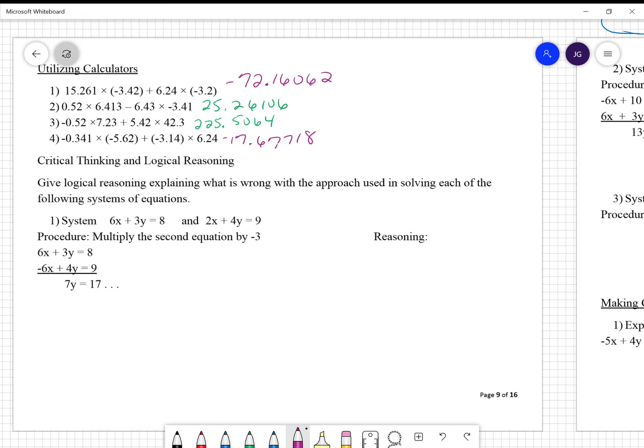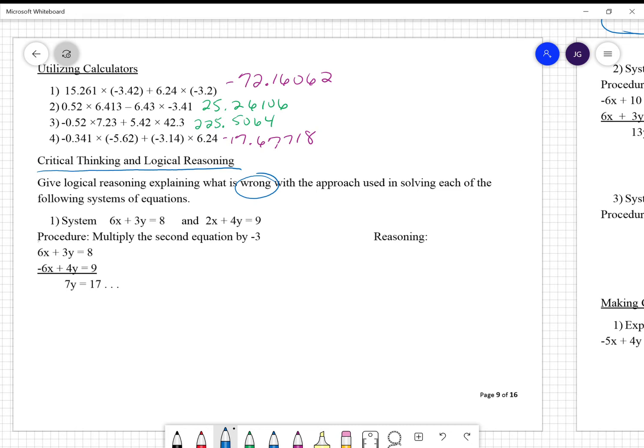Critical thinking and logical reasoning. In this part of this lesson, I am not asking you to find a solution. I am giving you a problem and a partial solution, and you're supposed to tell me what's wrong. There is an error. Okay, here's my system: 6x plus 3y equals 8, and 2x plus 4y equals 9.